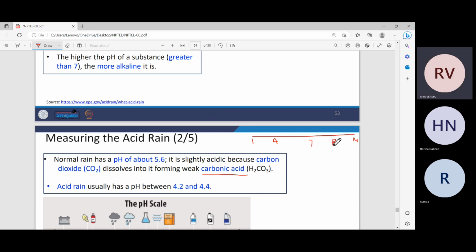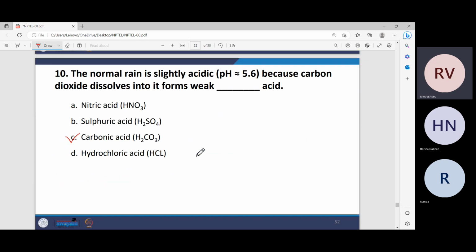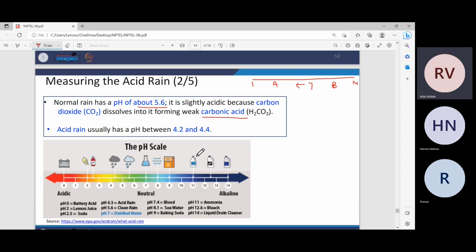The pH shifts to the left, to about 5.6, and that's why normal rain is slightly acidic.